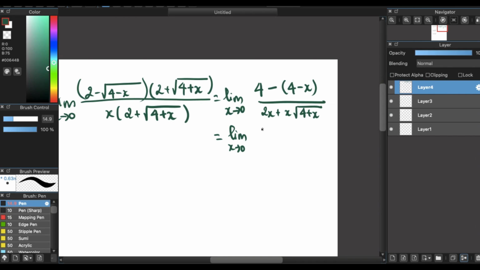Okay, we have 4 minus 4 equals 0, right? Oh, I can just... wait a minute. Just keep it like this. Let's just write it like this, but it will be easier.